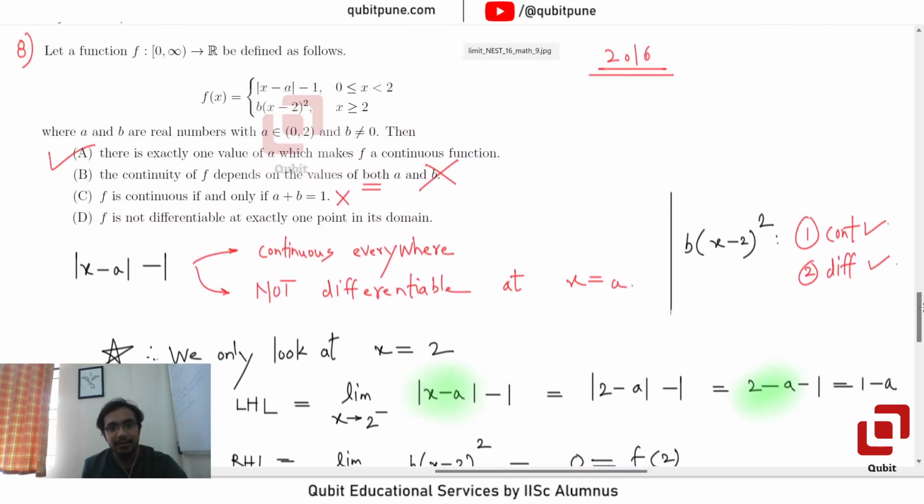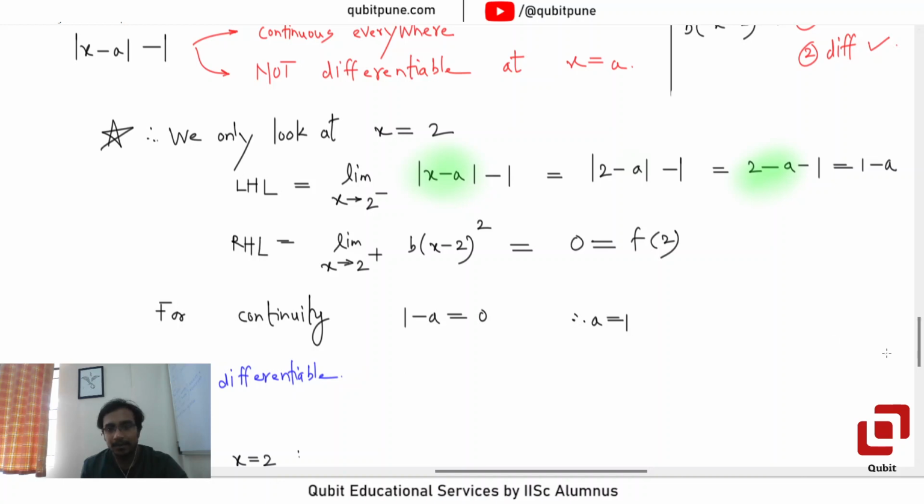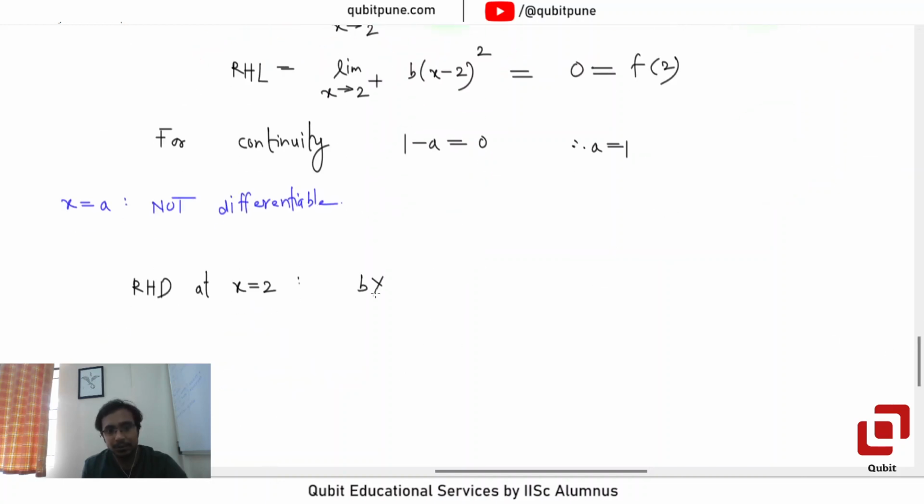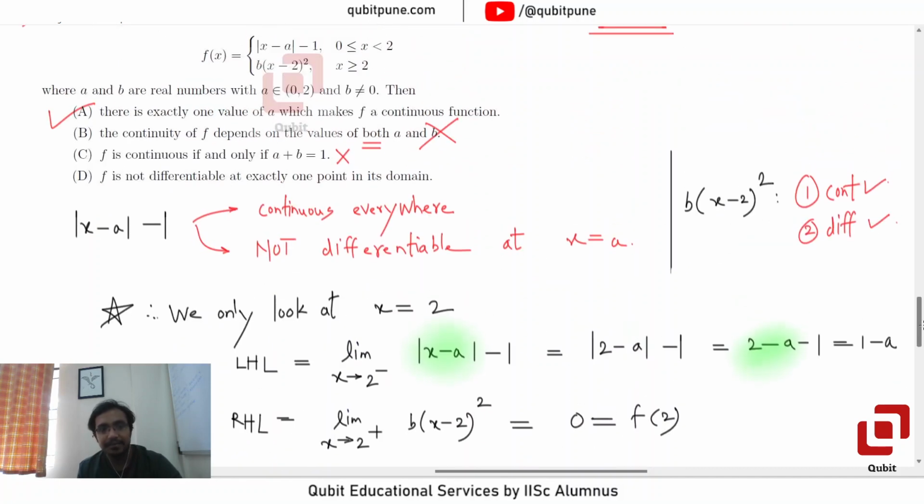At x equal to 2, what is the right hand derivative? b into 2 into x minus 2, because the derivative of x squared is 2x. That is 0. Left hand derivative at x equal to 2. What's the function there?